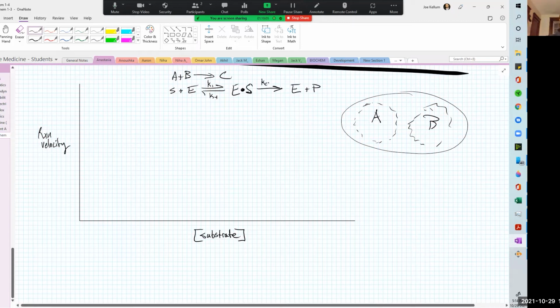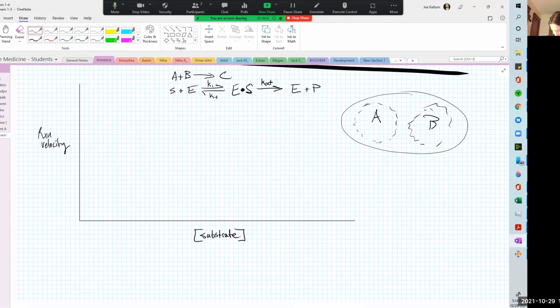And so Kcat, that you'll see here and there, is just the rate law constant for that reaction from enzyme substrate complex to enzyme plus products. Okay. All right. Anyway, so that is some of that stuff.